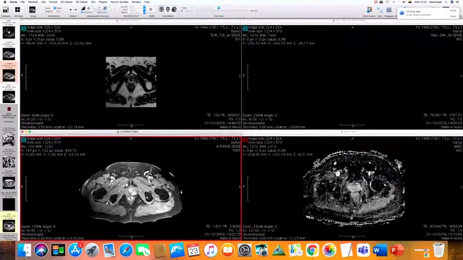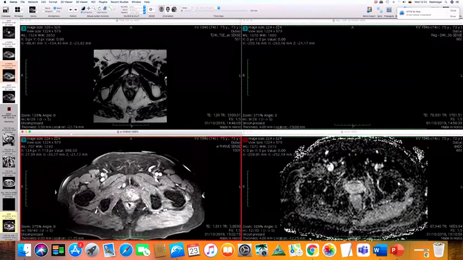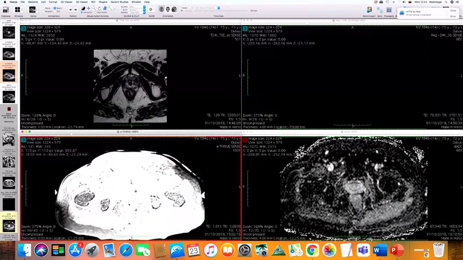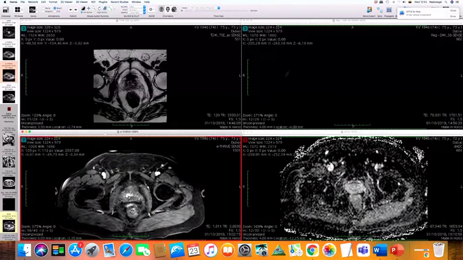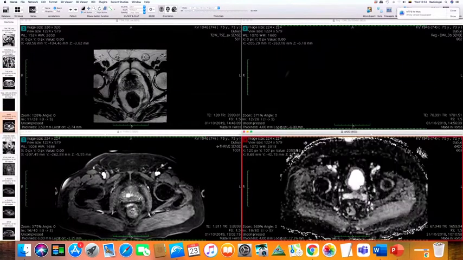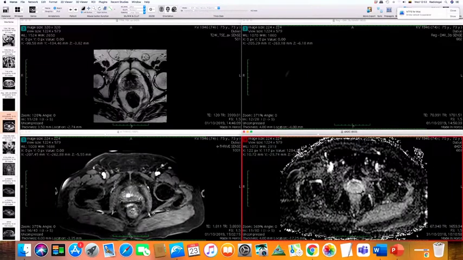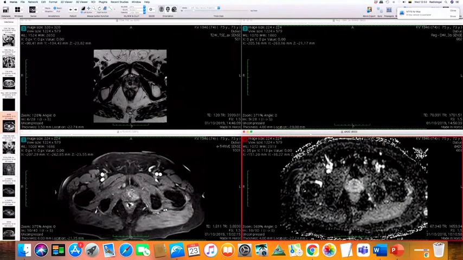On MRI, we see a new focus of contrast enhancement in the left lobe. The focus that was seen earlier is the same, of the same size, contrast enhancing without diffusion restriction. In the left there is contrast enhancement where we don't see any diffusion restriction.